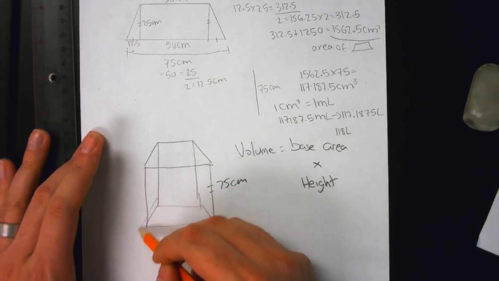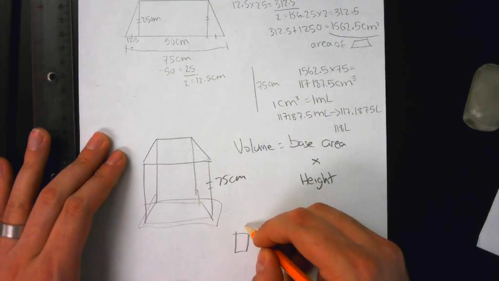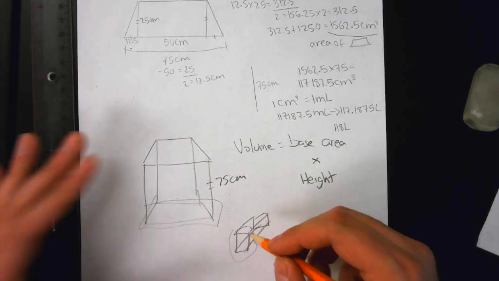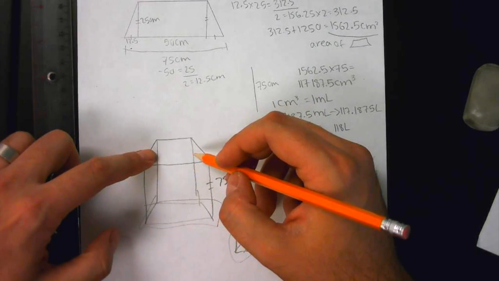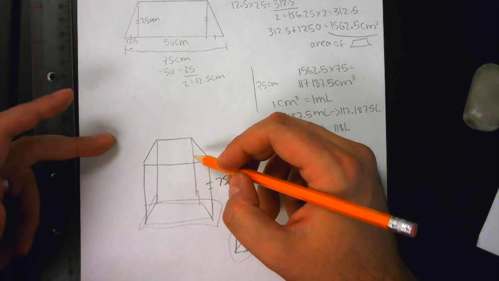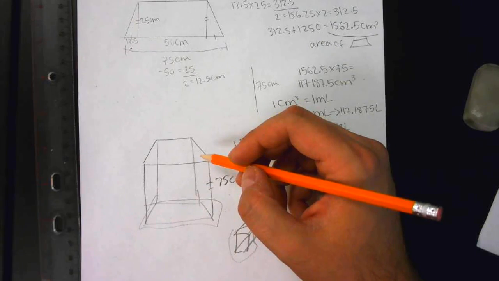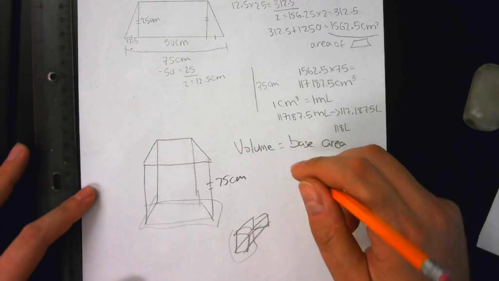And the base area is always going to be the thing at the bottom, or if it's a rectangular prism, the face of it, what it is named after. So whether it's a trapezoid, pentagon, hexagon, or any of the other gons, this is what you do.